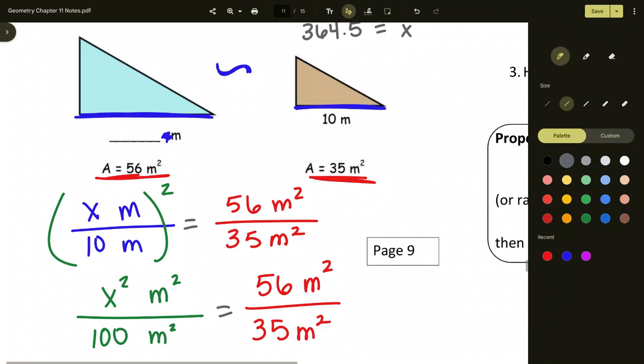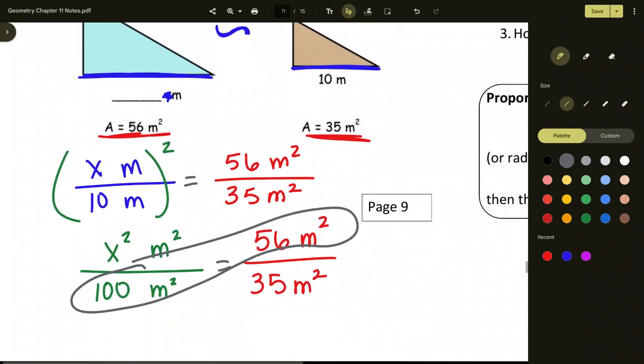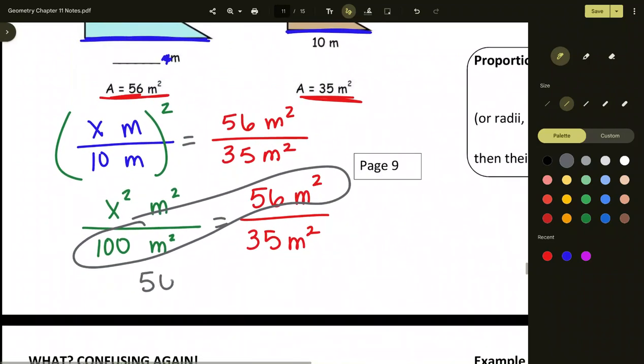So if I cross multiply, I'm going to do 100 meters squared times 56 meters squared. And when I type that in, I get 5,600 meters squared. All right, going the other direction, x squared times 35 is going to actually be 35x squared.